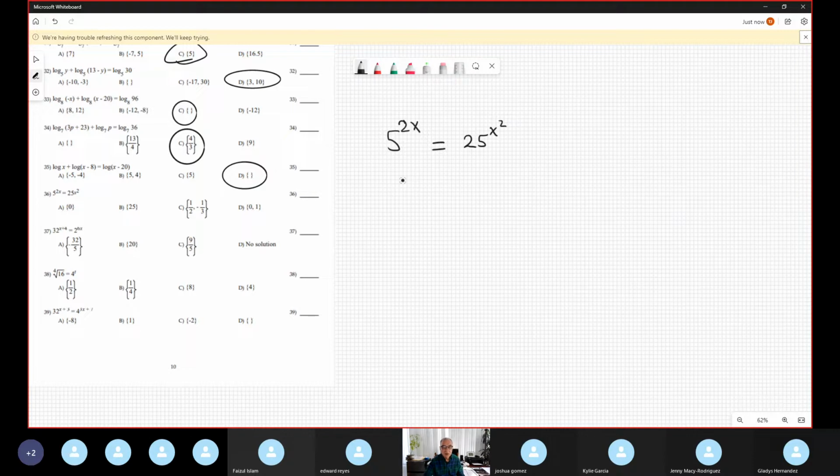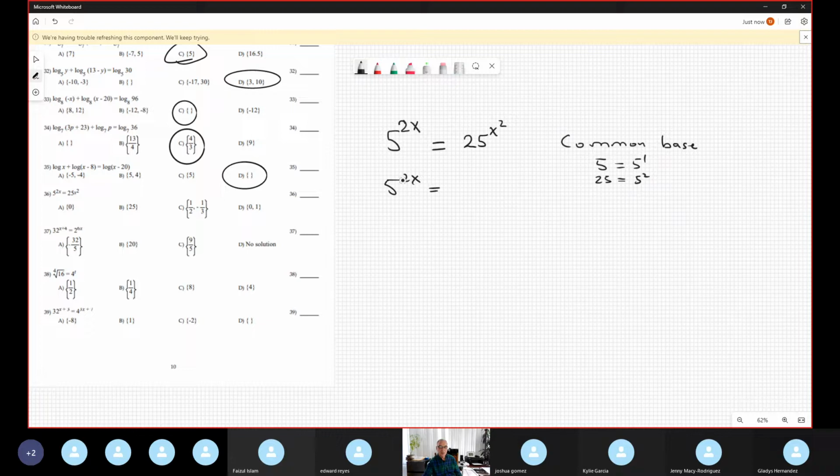In this case, we can use a common base. And the reason is because I know very well that 5 and 25 is 5 squared. This is 5 raised to the 2x, no problem.